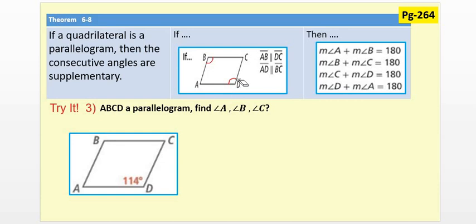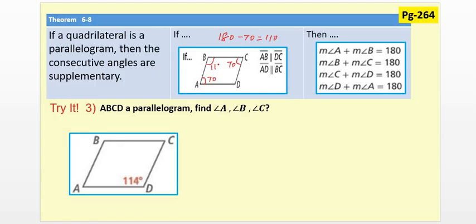And there's also another way to understand it. For example, angle A is, let's say, 70 degrees. So the opposite angle will also be 70 degrees. How much is this angle? It is 110. I don't know how much this angle is, but because angles A and B are supplementary, you can do 180 minus 70, which gives you 110.